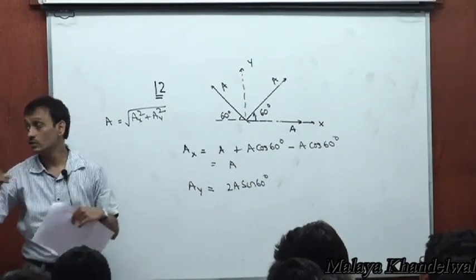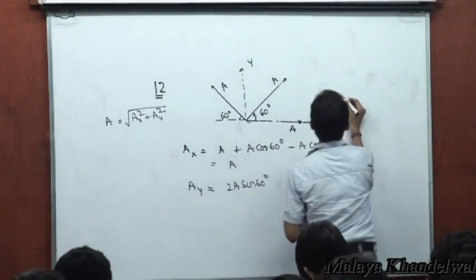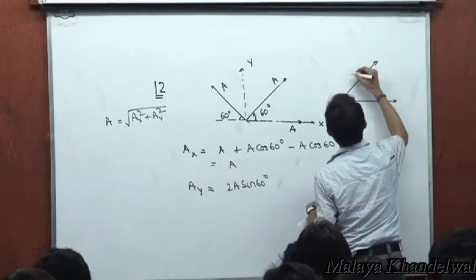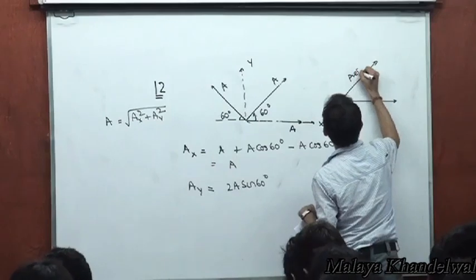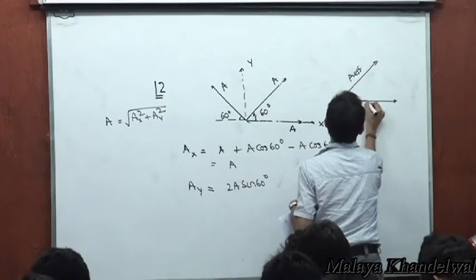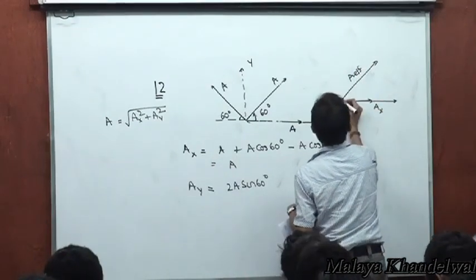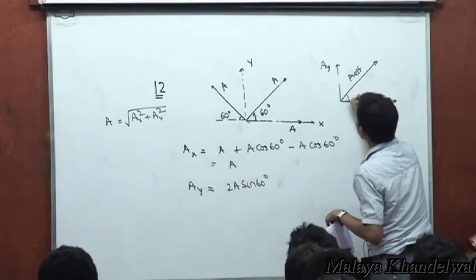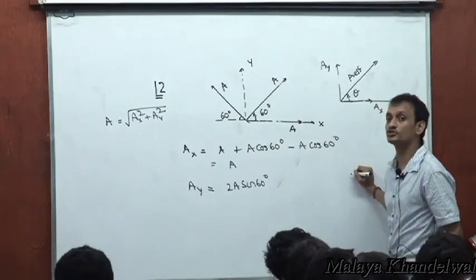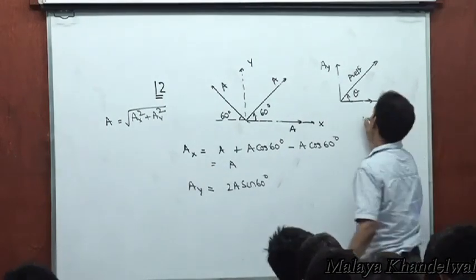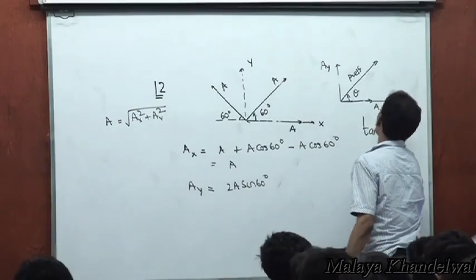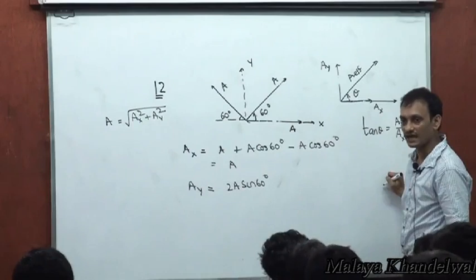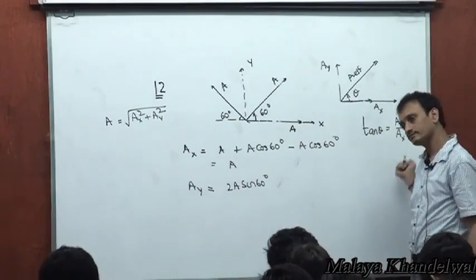Right? And the phase of the resulting motion: we found this effective A, which is the resultant of Ax and Ay. This is the zero phase line. Then this angle theta would tell us the phase. So tan theta would be Ay by Ax. That gives theta.